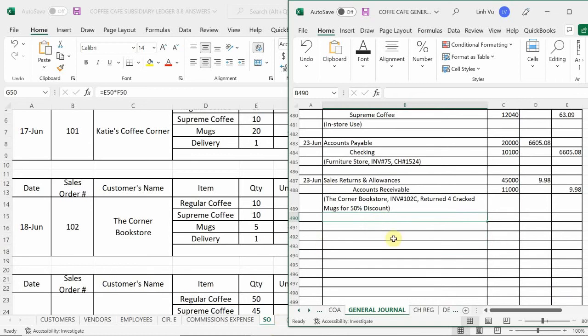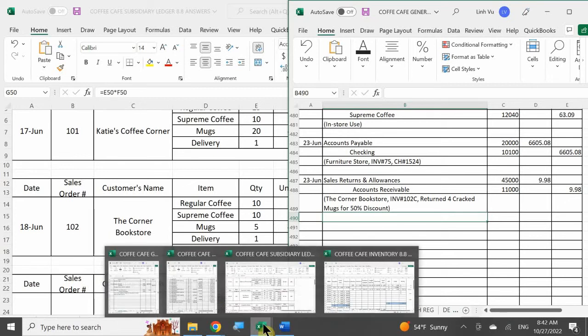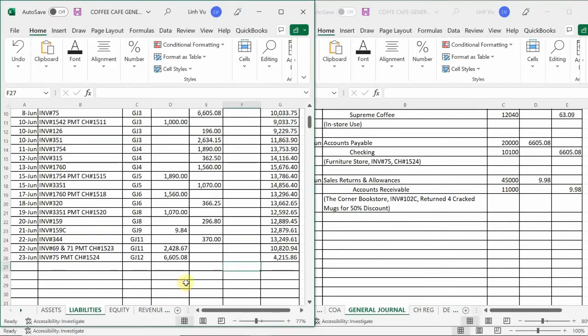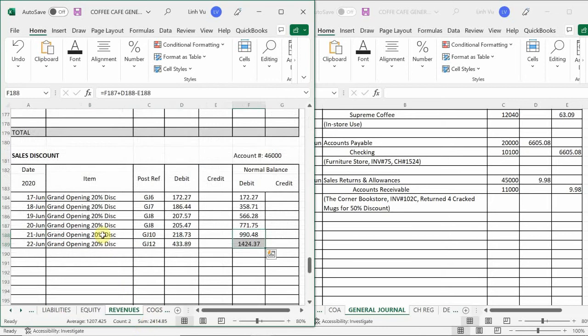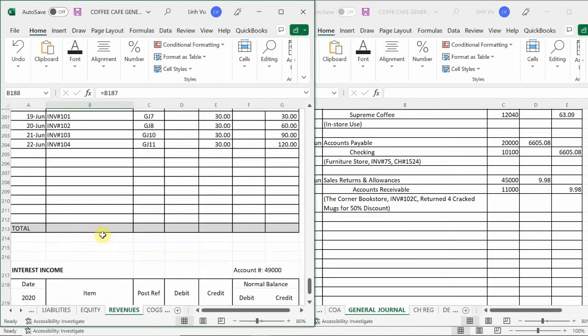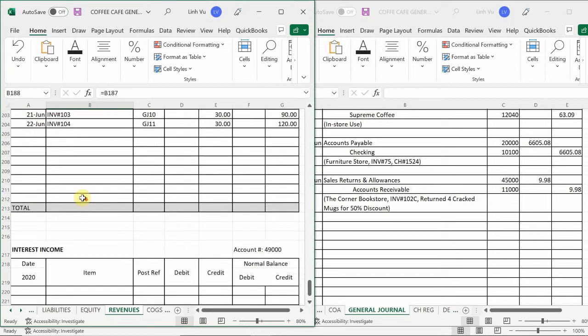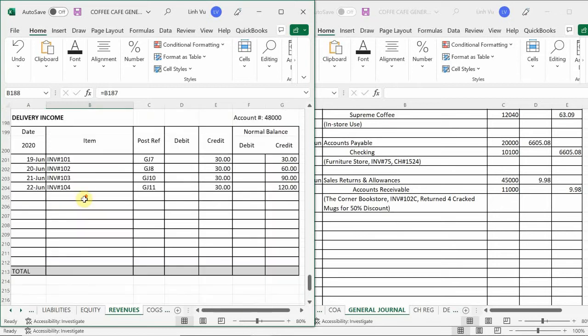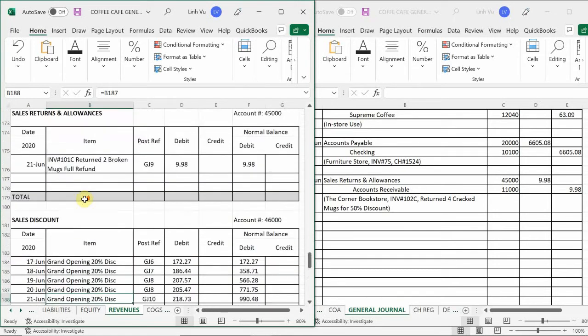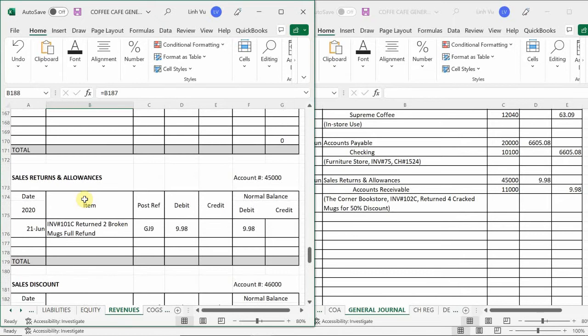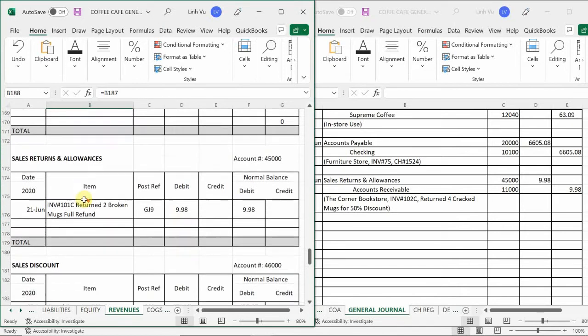So what's after the journal? We go to the ledger. In this case, we got to go to our sales returns and allowances under revenues because it's a contra account. Here we are, sales returns and allowances.